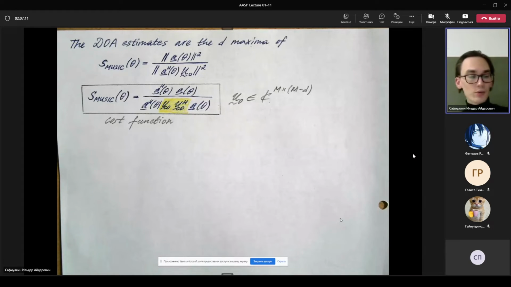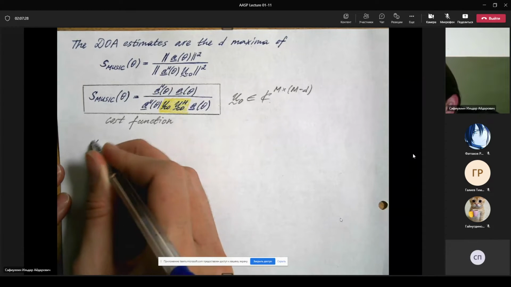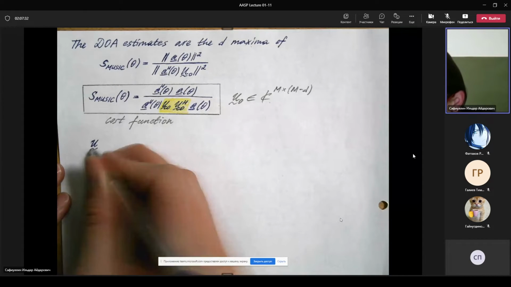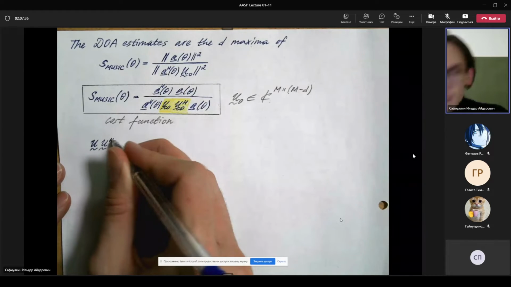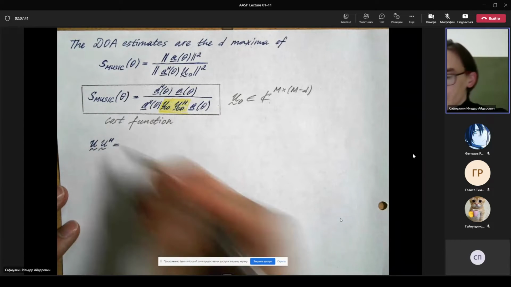Next, let's use our knowledge from the mathematical background, and we will assume the multiplication of U times U Hermitian, this overall matrix U times its Hermitian. What we'll have here?